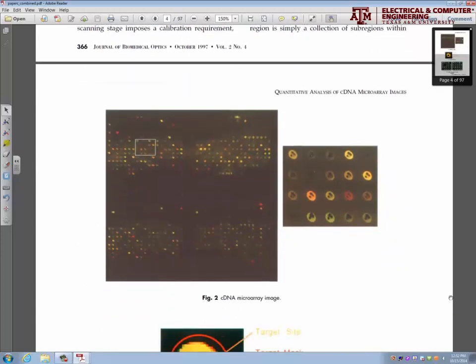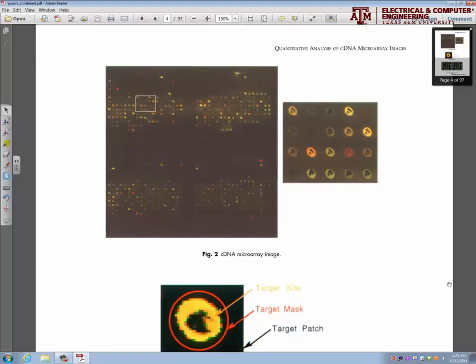There is some pattern on this array, because a robot has put those spots down, but it's not exact. So your image processing task is to identify the signal at every spot. So how do you do that?